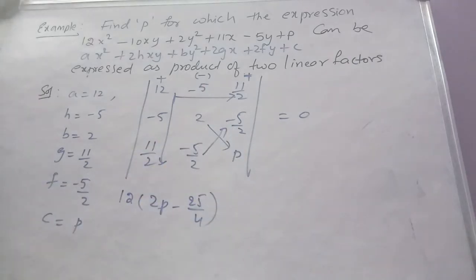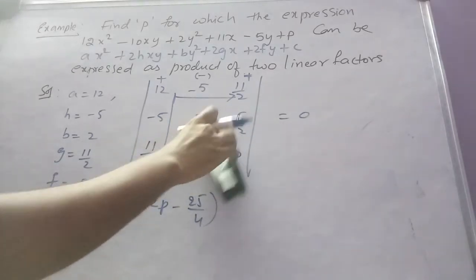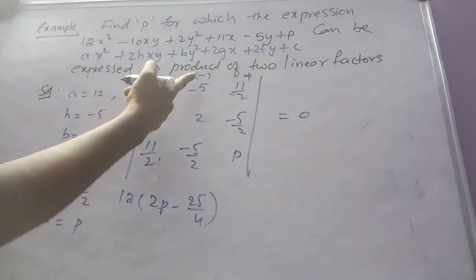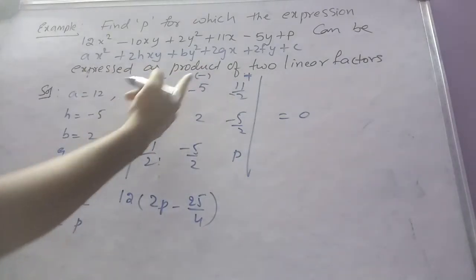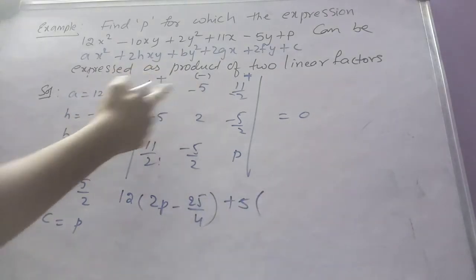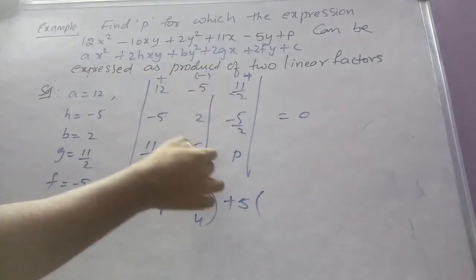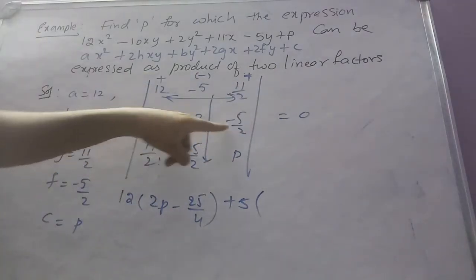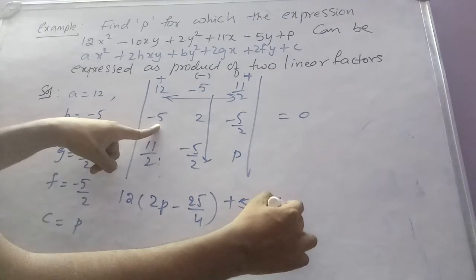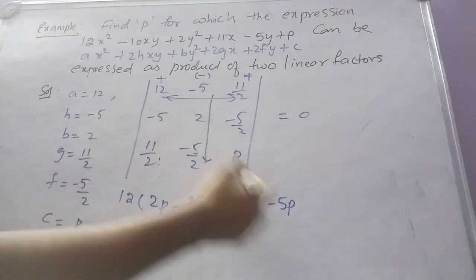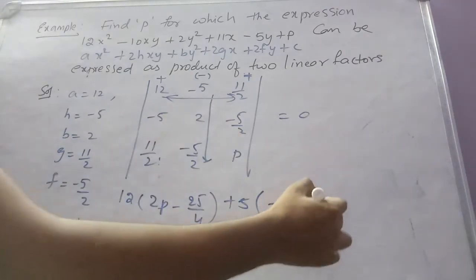Okay, next. Minus of minus 5 means plus 5 into, always remember, minus of minus 5 into. Now ignore this column and this row. Take the determinant here. So minus 5 into p is minus 5p. Minus of this into this means you'll get plus 55 by 4.